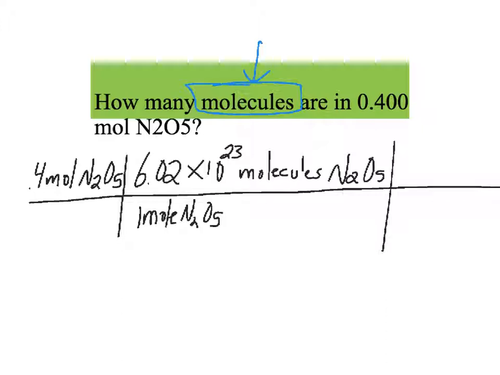Moles cancels on the bottom. Now, you'll note that my spelling is different here than it is here. We can use either spelling. It's okay as long as we know that they're both moles. That's up to you. After this, my answer will be with correct sig figs, which is 3. I have 1, 2, 3 here in this number. The leading 0 is not significant.